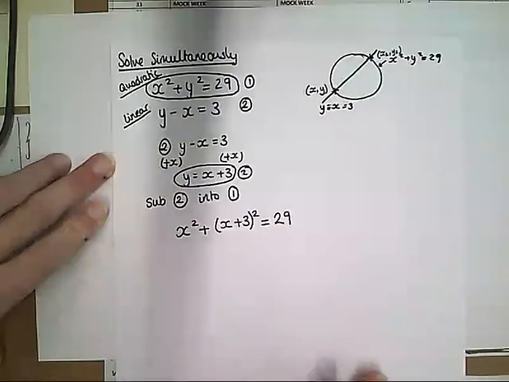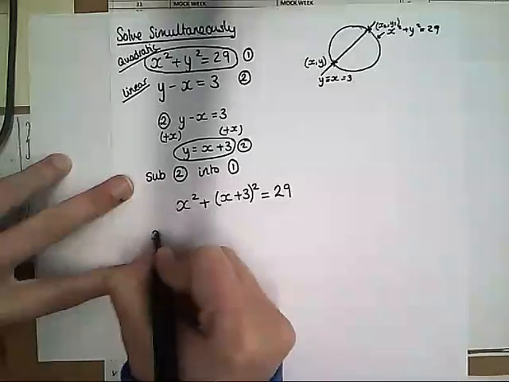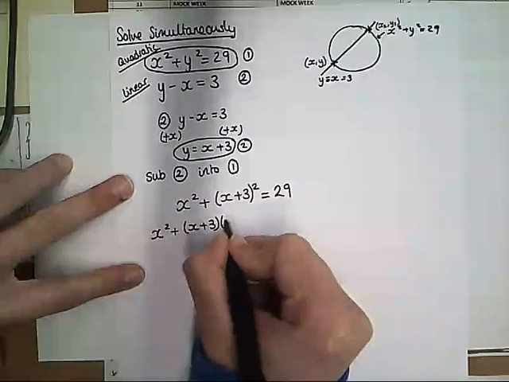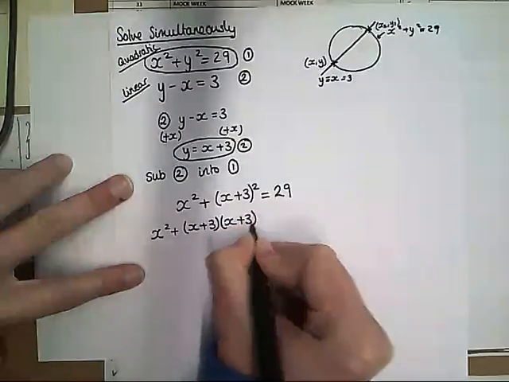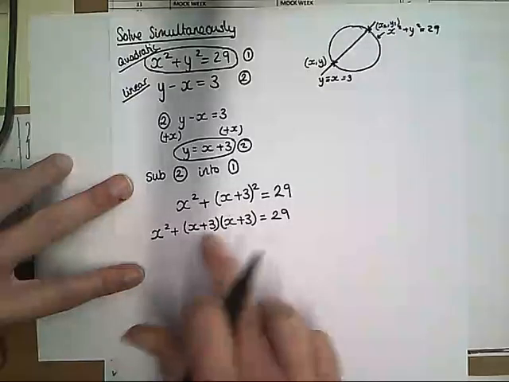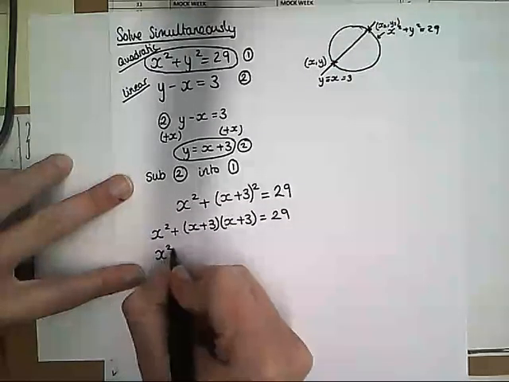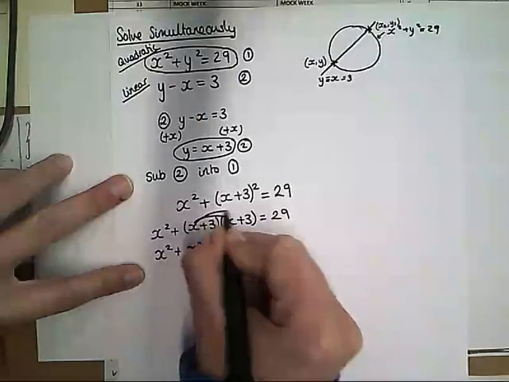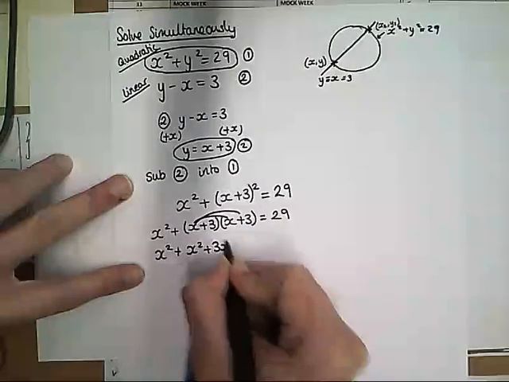Hopefully you recall that when you square a bracket, that means you multiply it by itself. So we've got x plus 3 times x plus 3, equals 29. You then can expand this bracket. If you need to do a grid, that's absolutely fine. If you do the little banana method like this, that's fine.